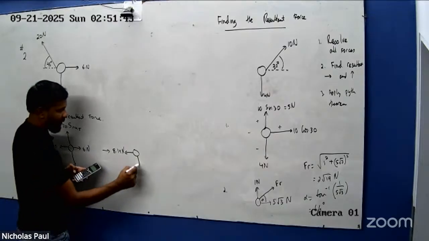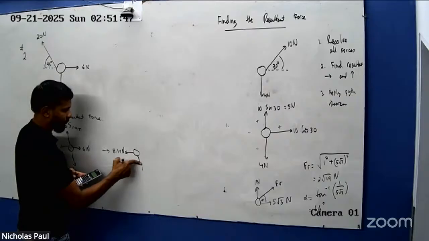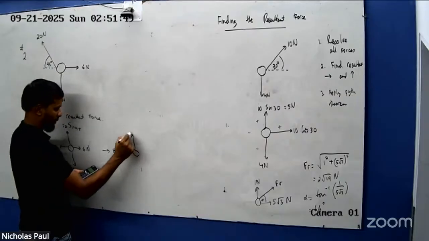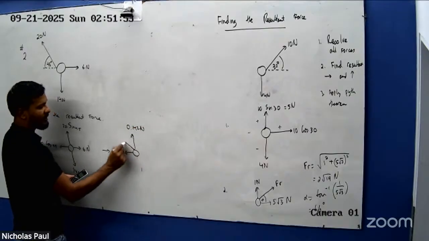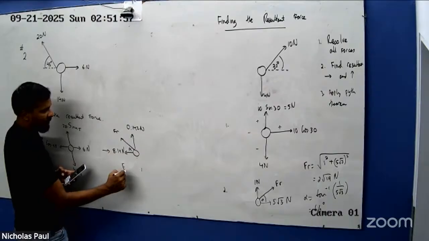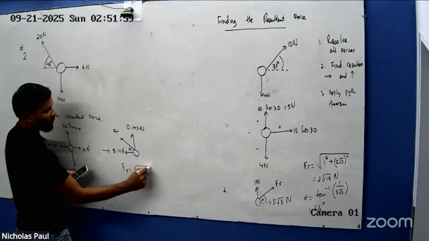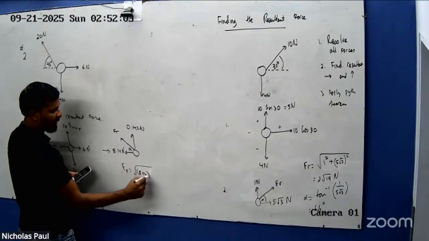And I got upwards, right? 0.142 newtons. So my resultant will be here and my angle is here. So my resultant will be the square root of this squared and this squared, which should be close to 8 point something.